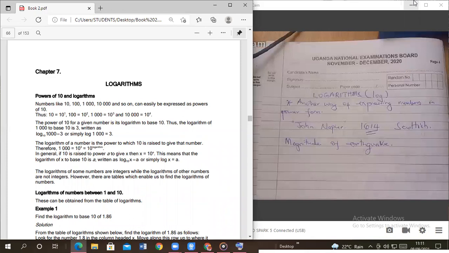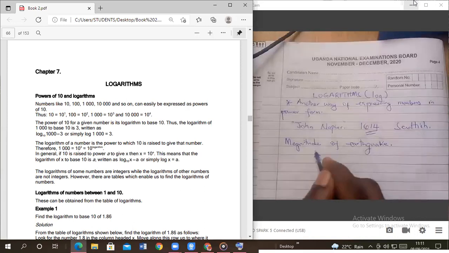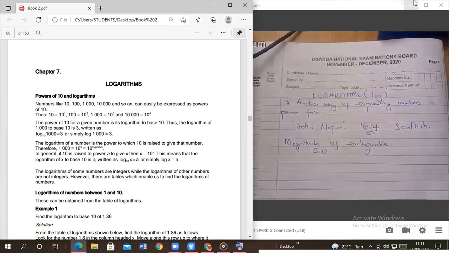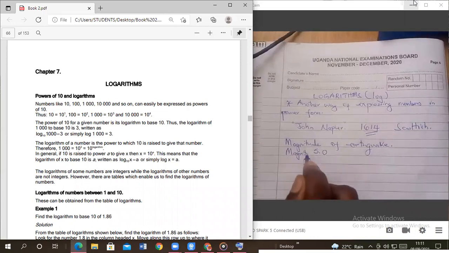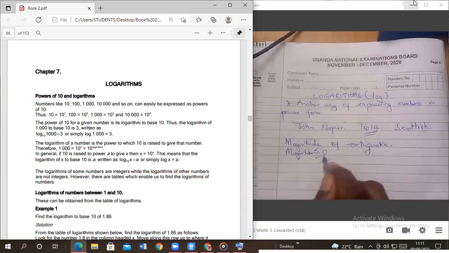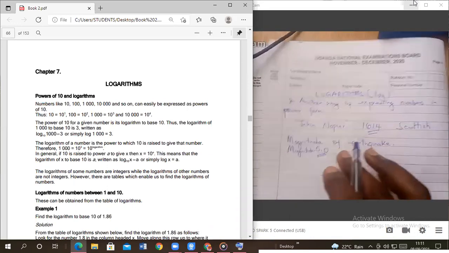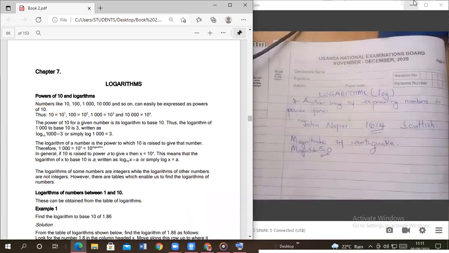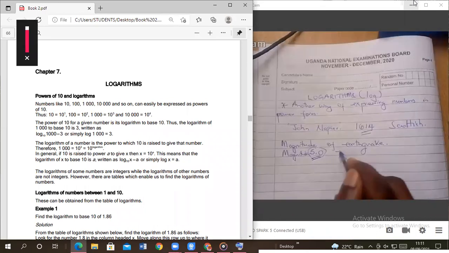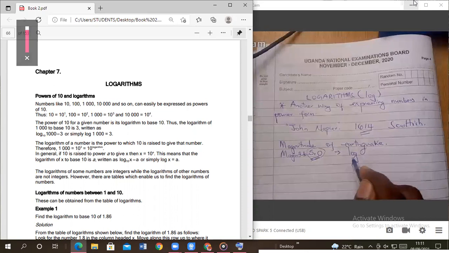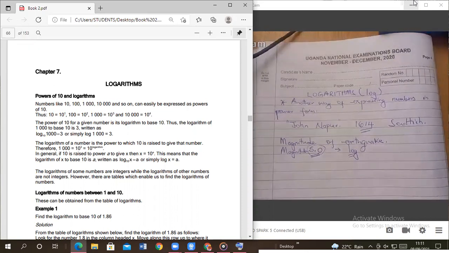Now, when they give you the figure, they say the earthquake was a magnitude of 5.0. They are not meaning that it is only 5.0. Don't say the magnitude is very small. It's very big. Why? Because it has been expressed in logarithm.